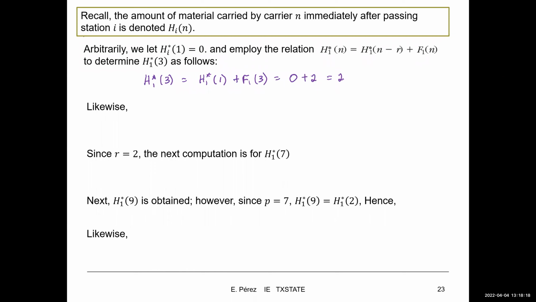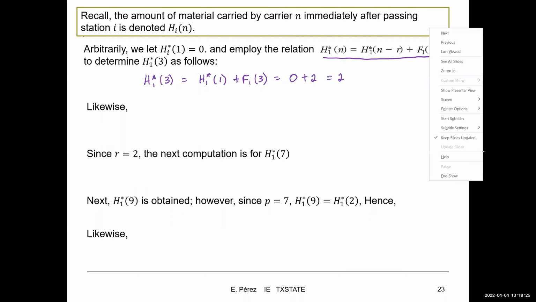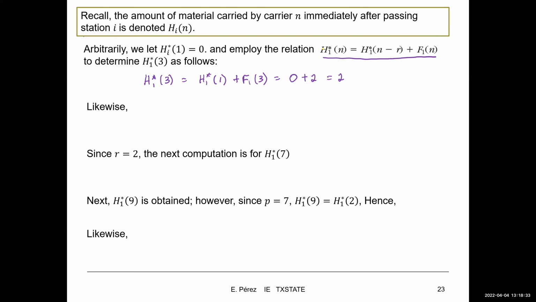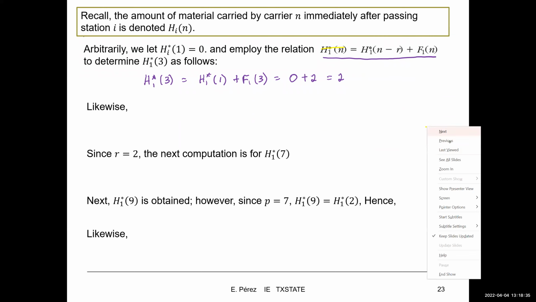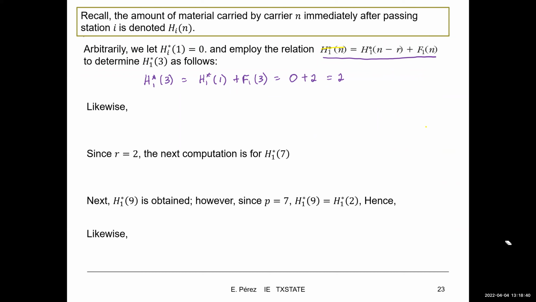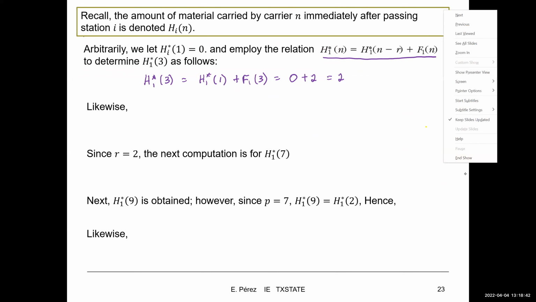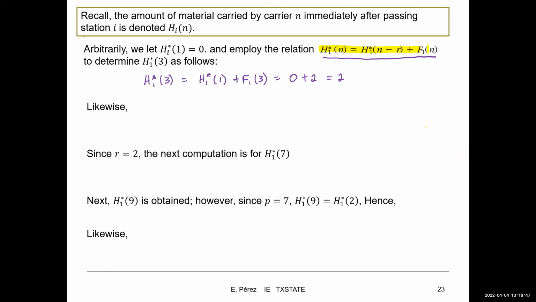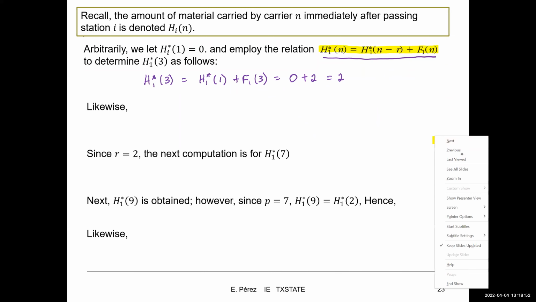So likewise, I go back to this expression, right? So I now have H1 star of 3. So can you tell me what's the next number that I can compute based on this? I'm sorry, I wanted the highlighter. So I'm going to need to look at this again. I know the value of R is 2. R is not going to change.